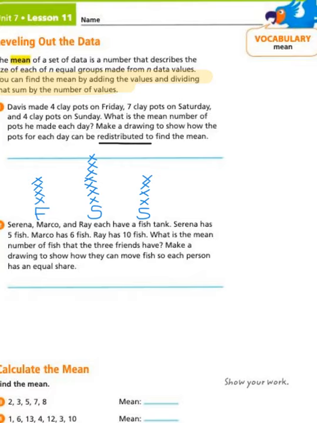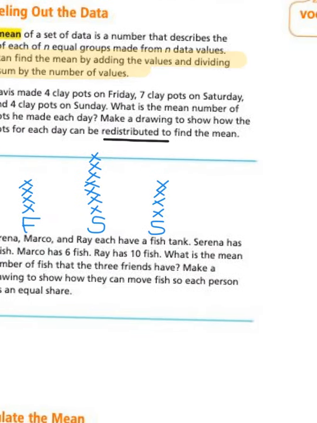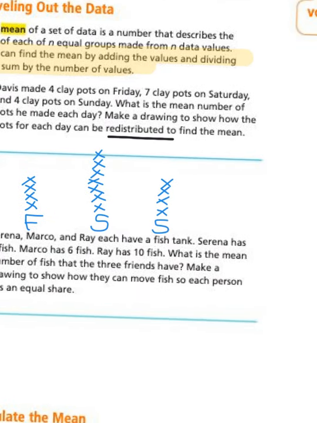Now we're going to redistribute this, and I want to make sure you can see both. It's going to get a little tight in here for me. So the new one that we're going to do looks like this. Friday, I'm going to do it in a different color pen. Saturday, Sunday.